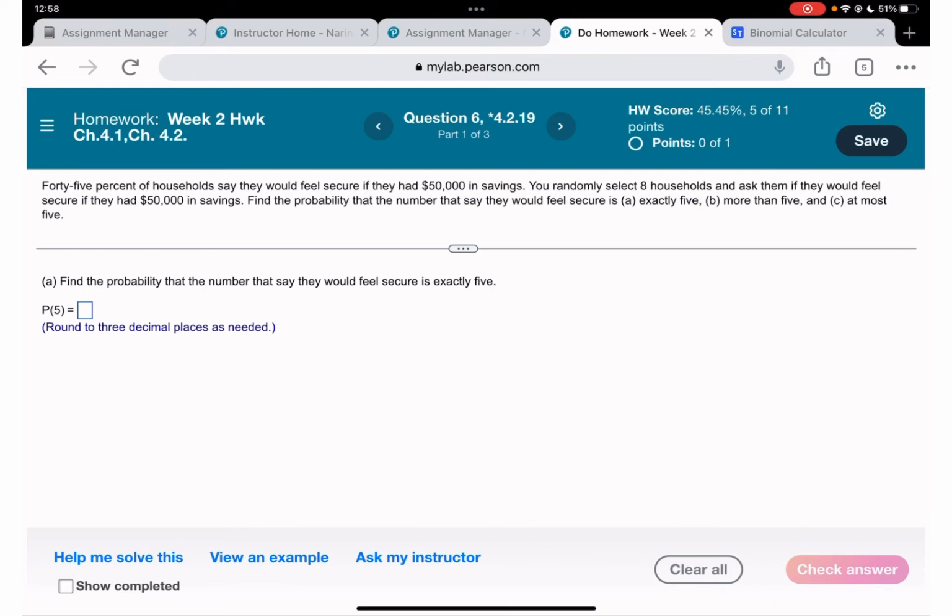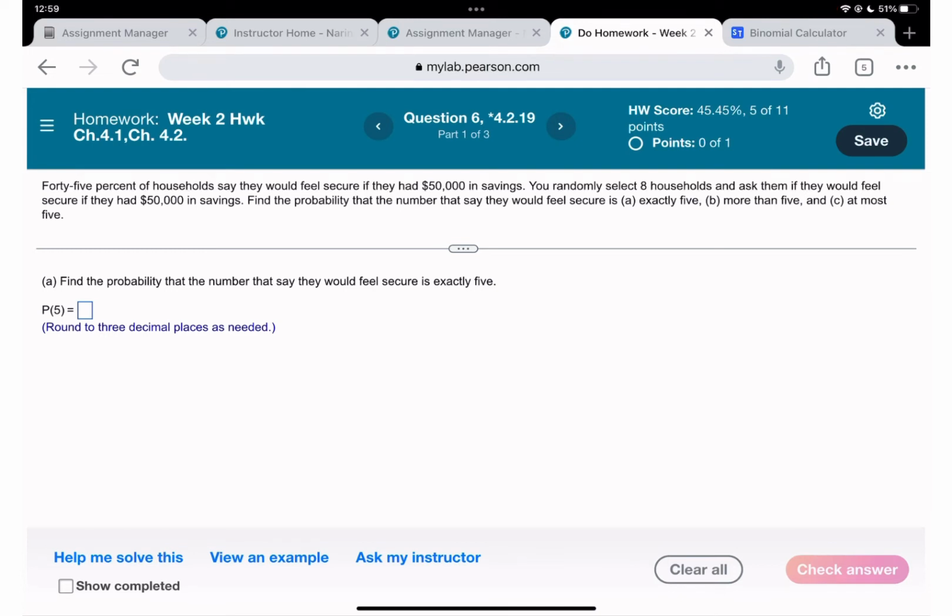So 45% of households say they would feel secure if they had 50,000 in savings. You randomly select 8 households and ask them if they would feel secure if they had 50,000 in savings. Find the probability that the number that say they would feel secure is exactly 5.